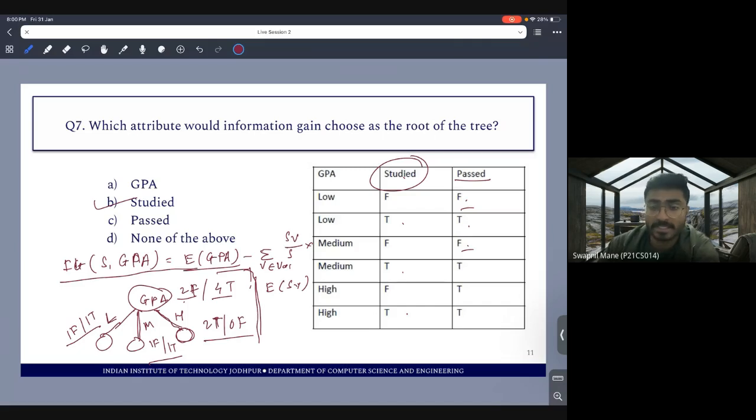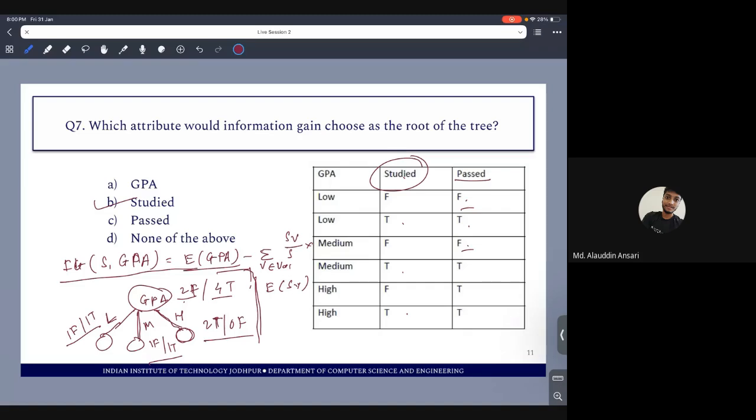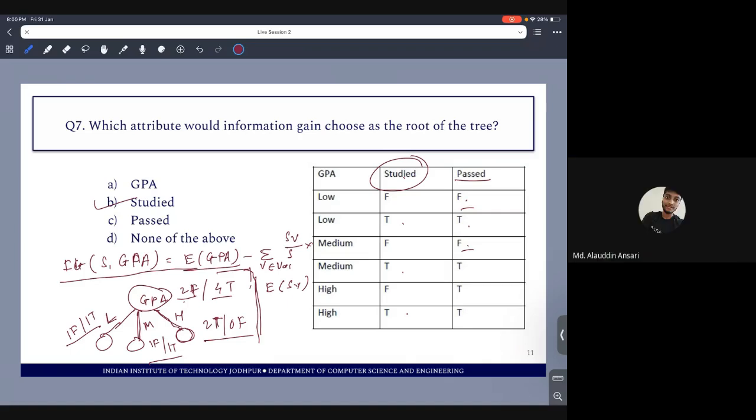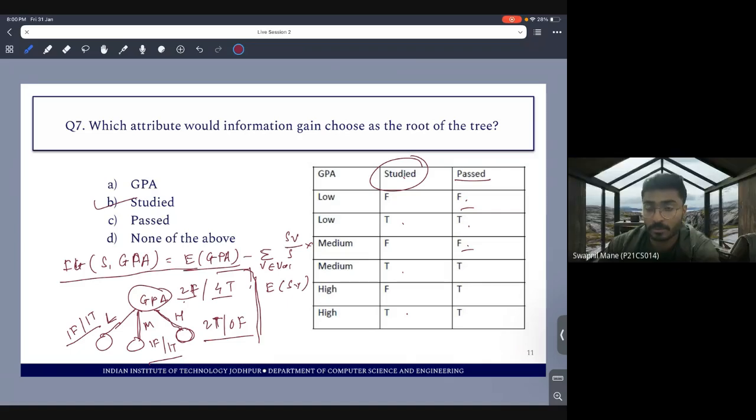Because we need to decide whether that particular node is a leaf node or not. If it is pure, the entropy is exactly equal to zero, the minimum we can get. It should not be 0.1 or 0.2. It should be zero, so that we can decide that particular node should be a leaf node.